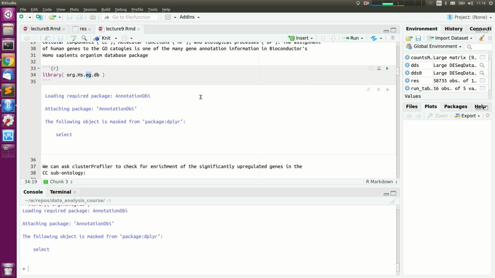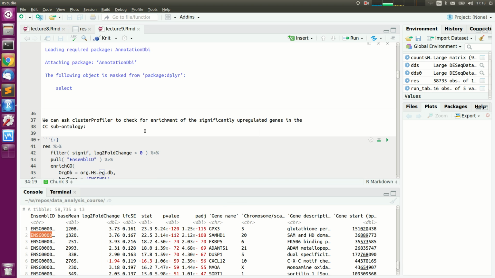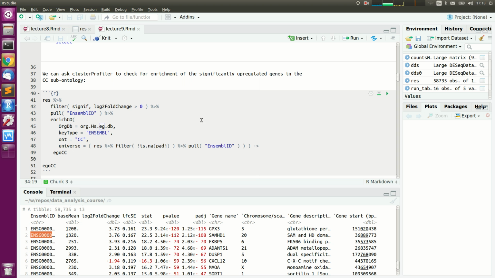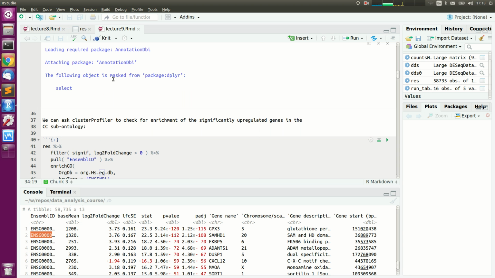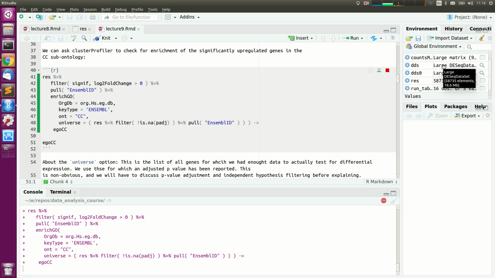Entrez genes, as you might know, are those gene names which are just numbers. You sometimes have gene names which start with ENSG something, like these here. These are the Ensembl ones, and Entrez are those which don't have any gene names, only numbers. Now, let me first run this code and show you what it produces, and then we discuss what it does.